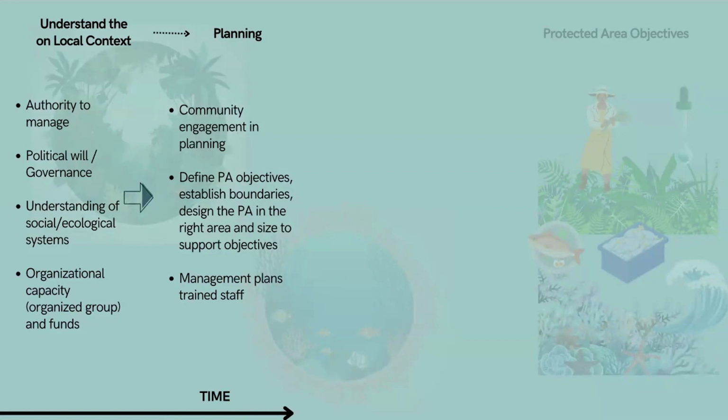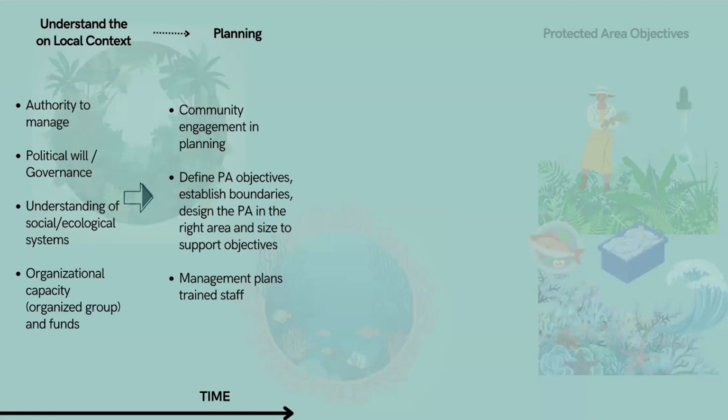We also need to have those clear objectives so that we're designing the site, making it the right shape and the right size or the right area so that it's able to achieve those objectives. And then we need to have a good management plan. We need to have clear strategies on how we're going to address threats to the site and how we're going to achieve the objectives.